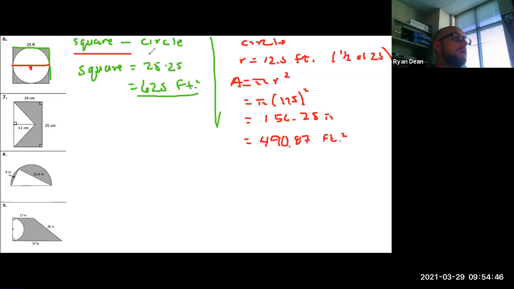So now, just like we said we were going to do up here, we're going to take the area of the square and subtract out the circle. So we have 625, and we're going to take away 490.87.